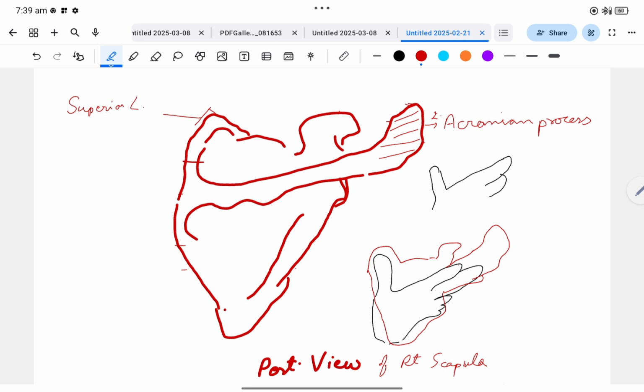Now the side towards which the acromion process points will be that side of the scapula. Here, you are holding the scapula in your right hand and the acromion process is pointing outwards towards these two fingers. So this is the right scapula. This is the easiest way to decide the side of the scapula.